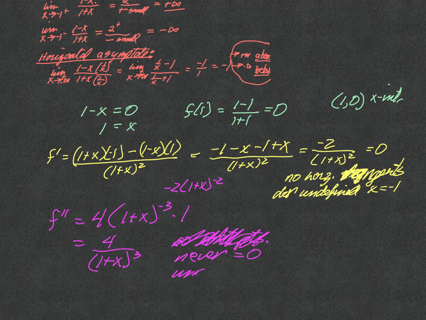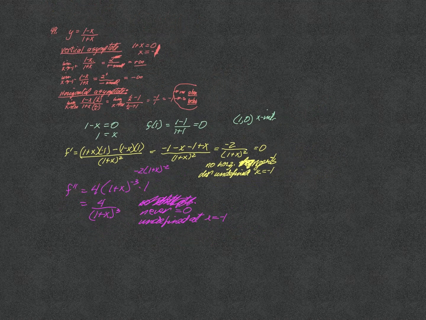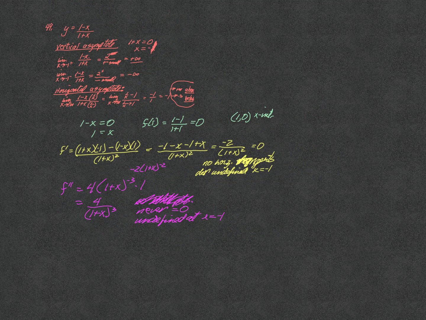However, it's undefined at x equals negative 1, which is the same point. So now we can do our analysis of the derivative. So the only critical point is negative 1.